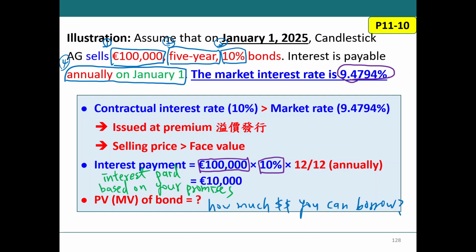Principal's present value plus interest present value, right? You can use accounting table, use the formula, or use calculator anyway. So for your final exam, I will provide accounting table, provide formula to you guys.